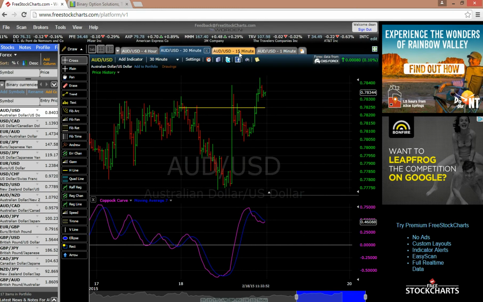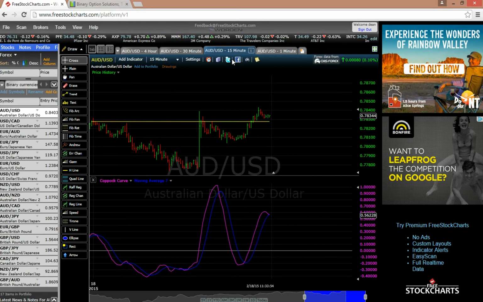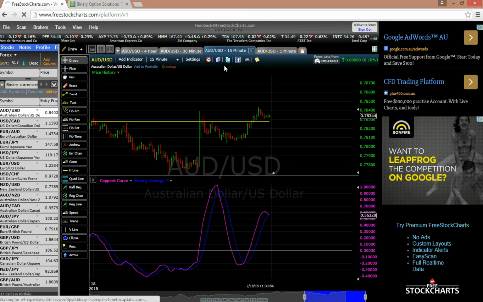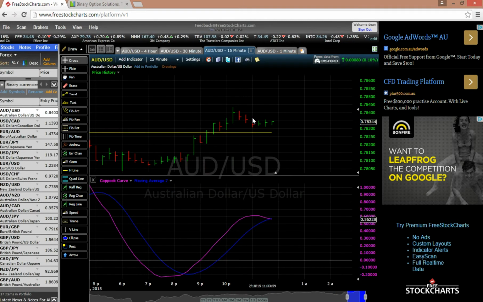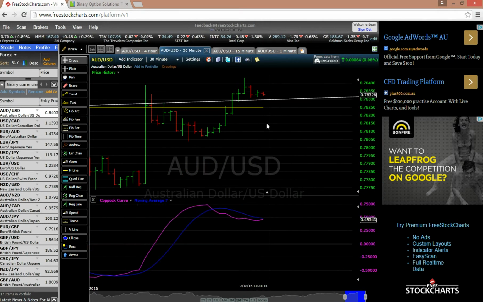If we drop down to the 15-minute chart, you can see that it's already broken through our trend there, and we should be looking towards an upside position longer than 15 minutes. We'll draw a similar trend line on the 30-minute chart to show you that it hasn't crossed over.